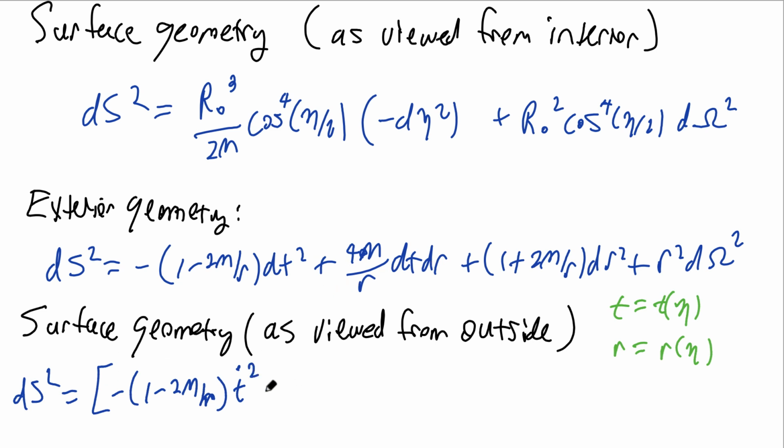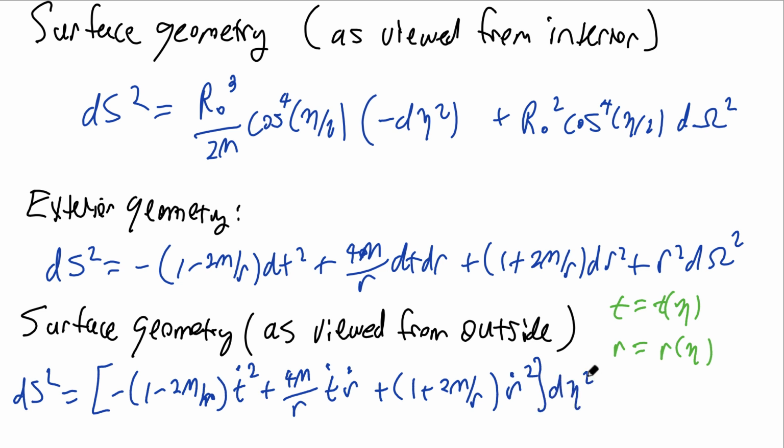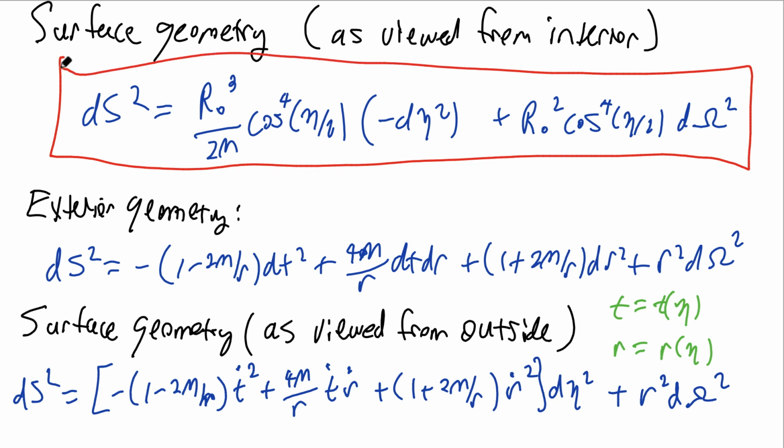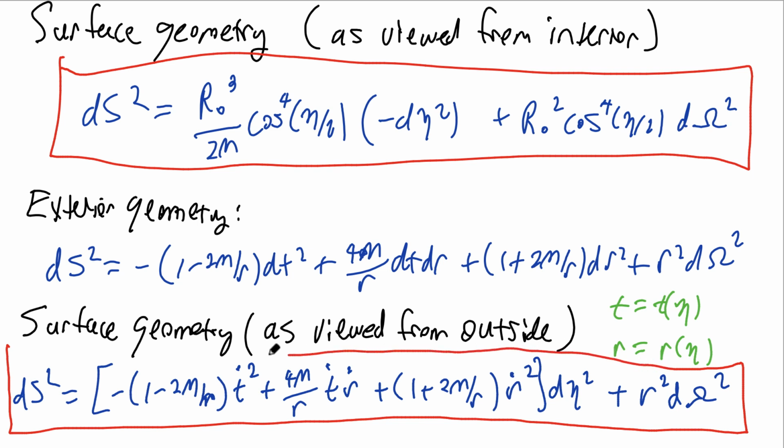So this is t dot squared plus 4m divided by r of eta times t dot r dot plus 1 plus 2m over r of eta times r dot squared, all of that times d eta squared. So that's all of these terms. Then of course we have r squared, that's r as a function of eta squared times d omega squared. So now we have the surface geometry as viewed from the interior and the surface geometry as viewed from the exterior, and of course these need to match. So these two line elements should be equal to one another.